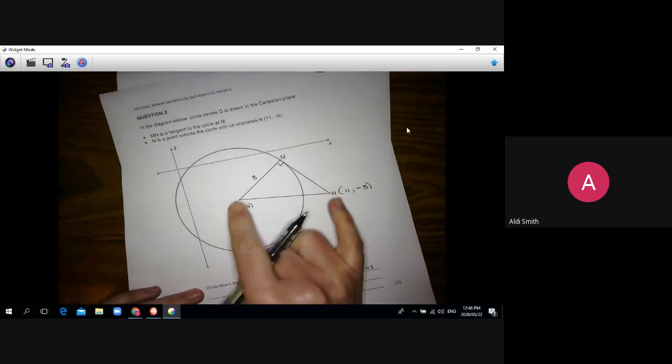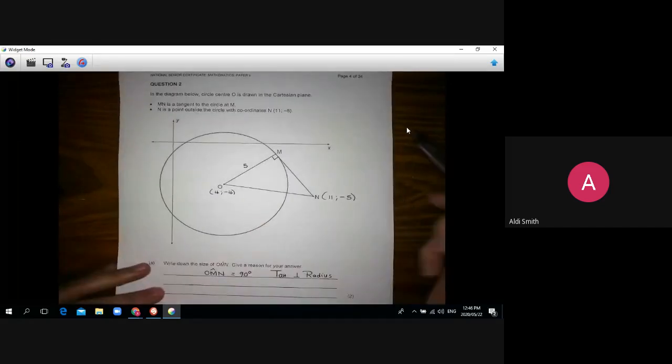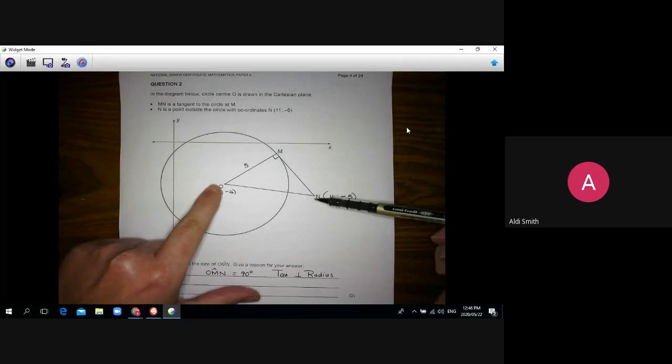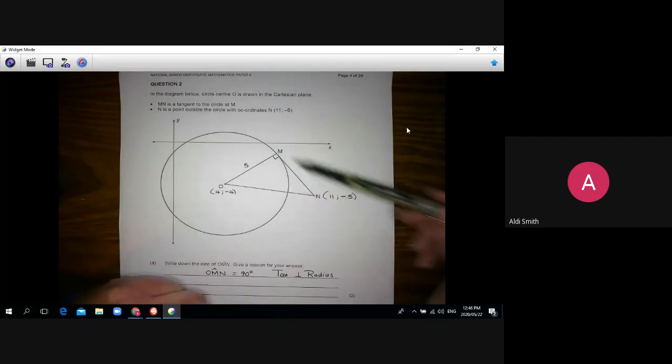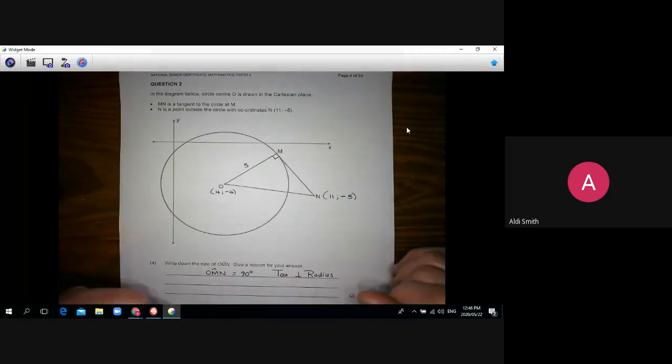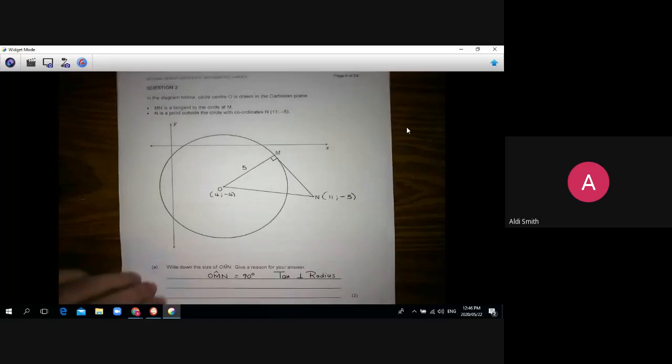So I can find the distance of that one, ON, because I can use the distance formula to find the length of that line, and then I can just use Pythagoras to find that. But again, if you did not go and understand your constructions or all this information, you wouldn't have used that Pythagoras.